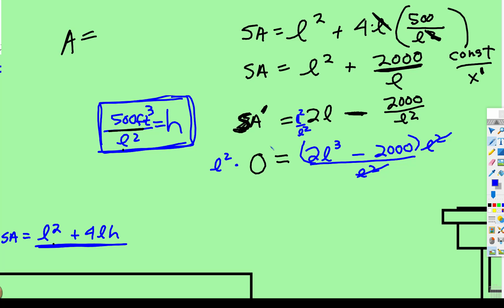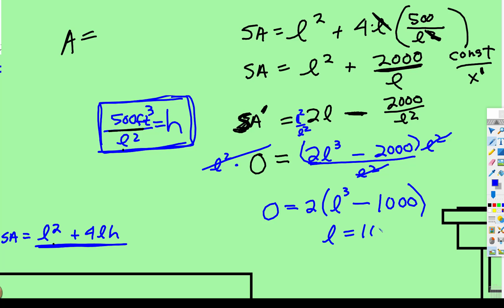Well, L squared times 0 is still 0. And now look, 2L cubed and 2,000 have a 2 in common, so I'm going to factor out a 2, and that will leave L cubed subtract 1,000. Here is a big hint. If you've got something cubed, subtract a number, check to see if this has a perfect cube, and it does.